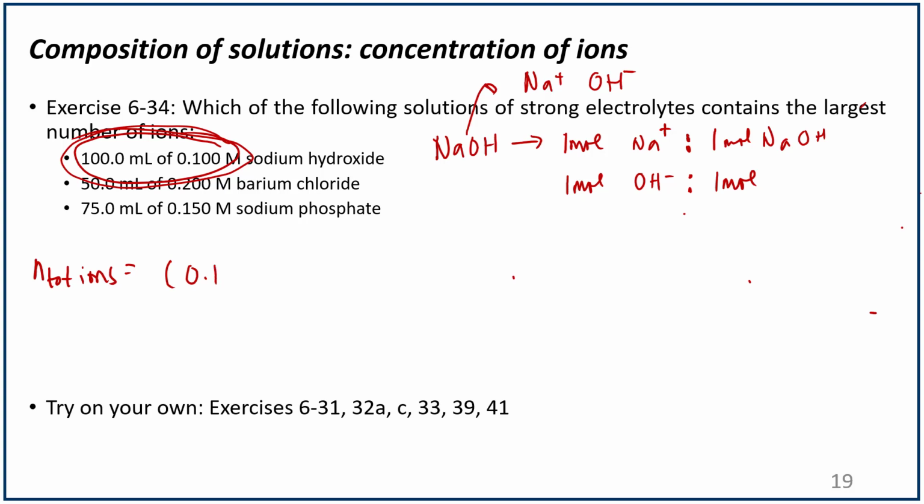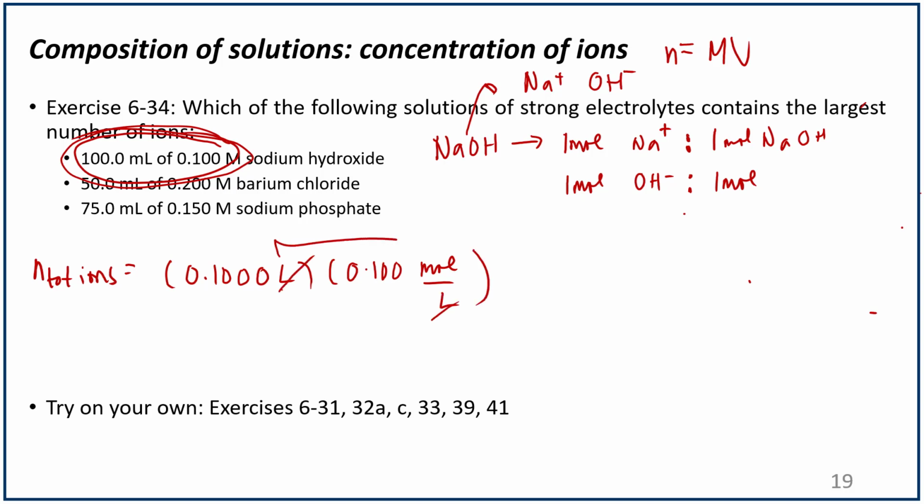Let's first convert 100 mL into liters. Again, remember that for aqueous solutions, n is equal to MV. So here, 100 mL and then 0.100. We can re-express the molarity as moles per liter. Liter cancels out, and this term gives you the number of moles of sodium hydroxide.